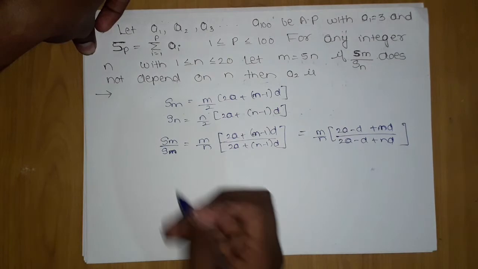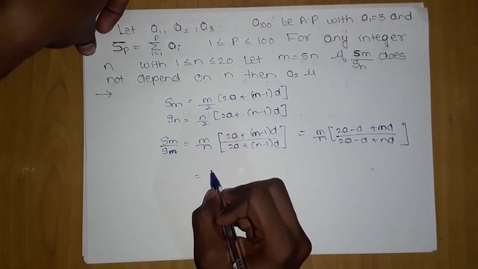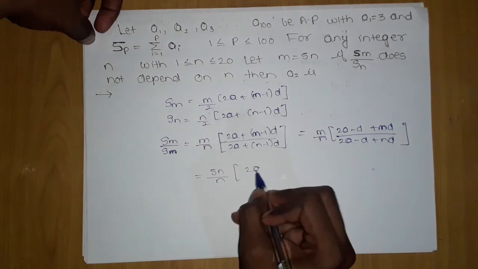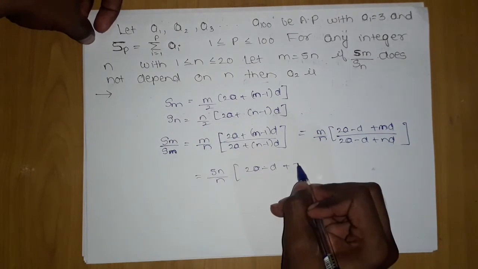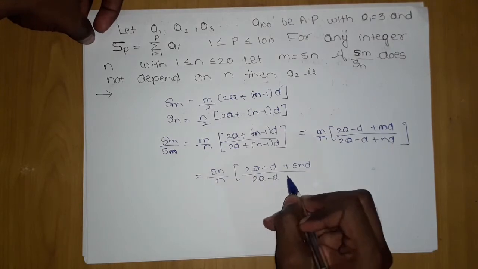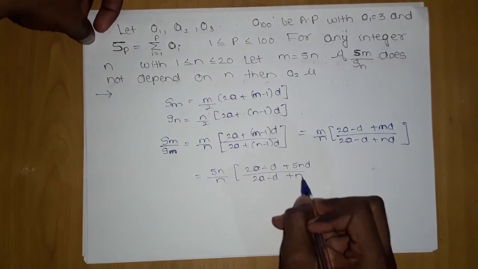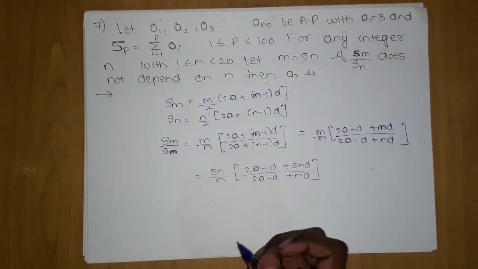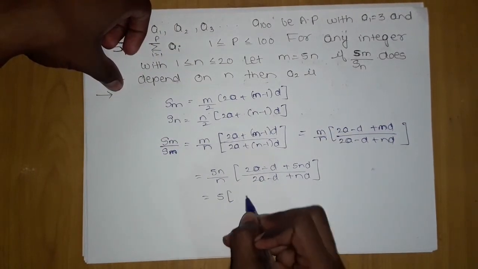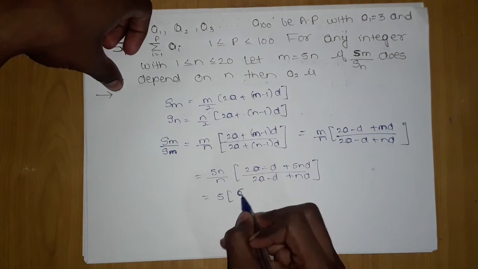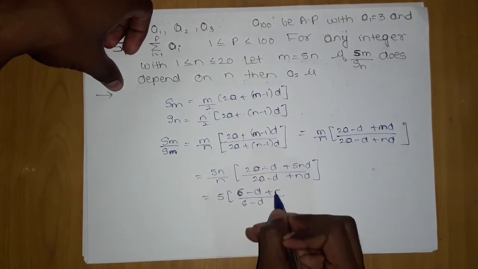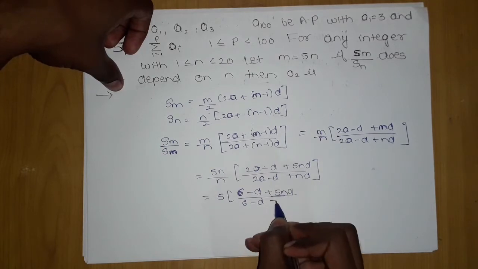Now let's substitute the value, which gives 5n upon n equal to 2a minus d plus 5nd upon 2a minus d plus nd. So this will cancel out the 5, and with a equal to 3, 2 into 3 is 6, this will be 6 minus d plus 5nd upon 6 minus d plus nd.